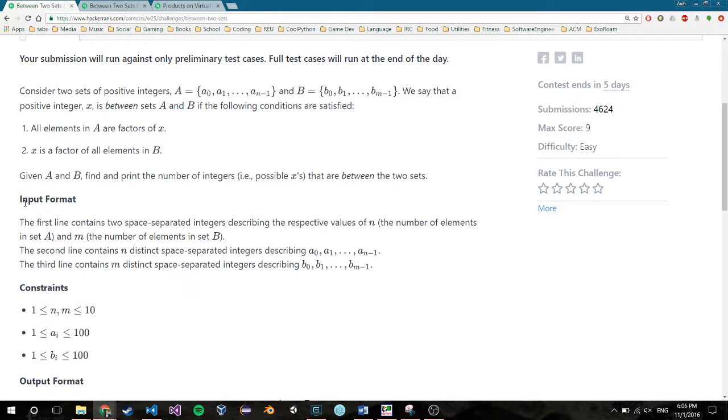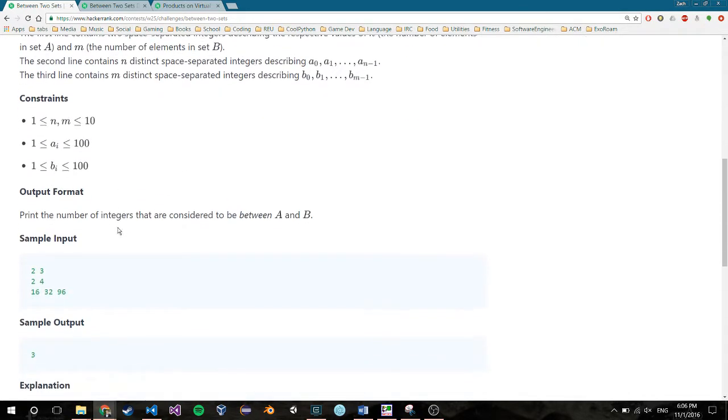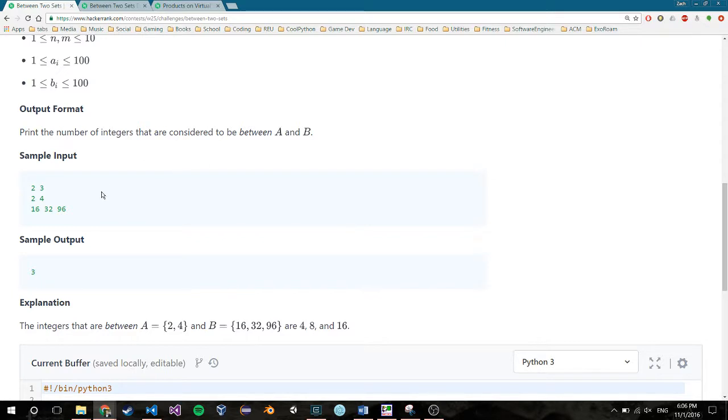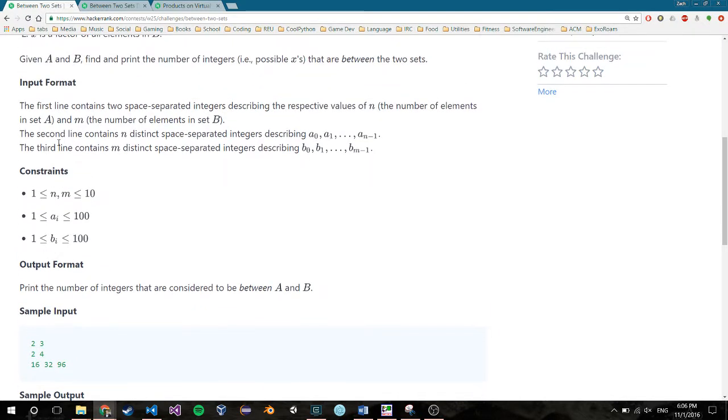So it's like if you look at their example here, like I guess 2, 3. Let me read that first.